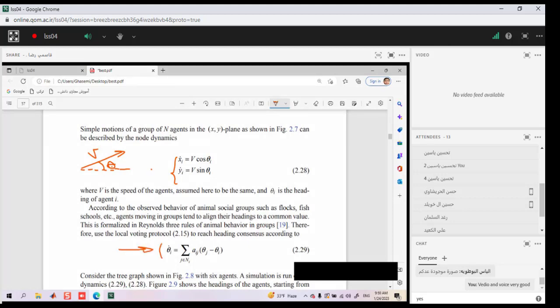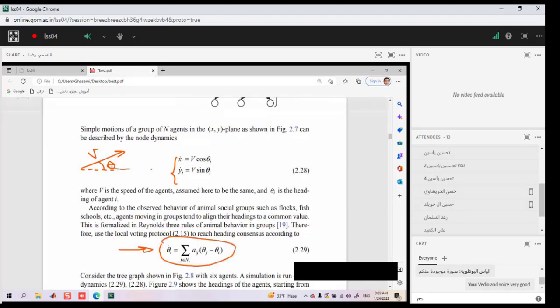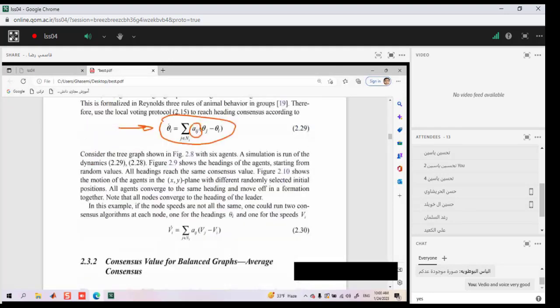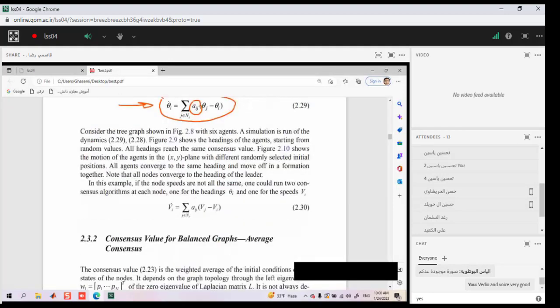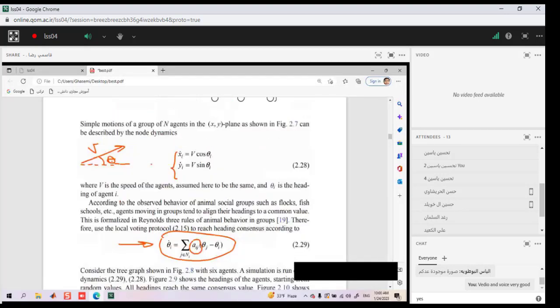We can define the consensus. For example, theta i dot equal to aij, the element of the adjacency matrix, times theta j minus theta i. And v dot equal to aij times vj minus vi. This is not a simple example.